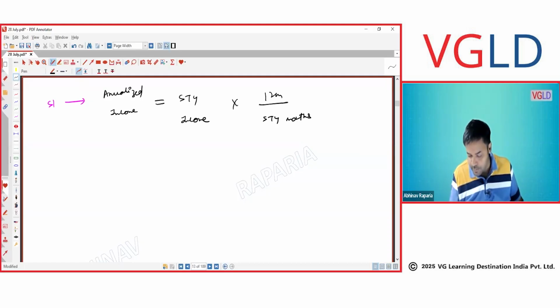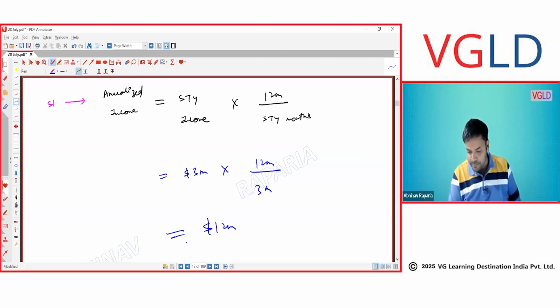This is going to be $3 million into 12 months divided by 3 months. Then it is going to be $12 million. Simple.